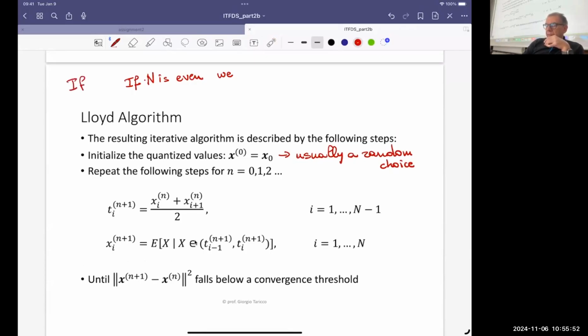If the PDF is symmetric, and if n is even, we take some random positive values, and the corresponding negative values.